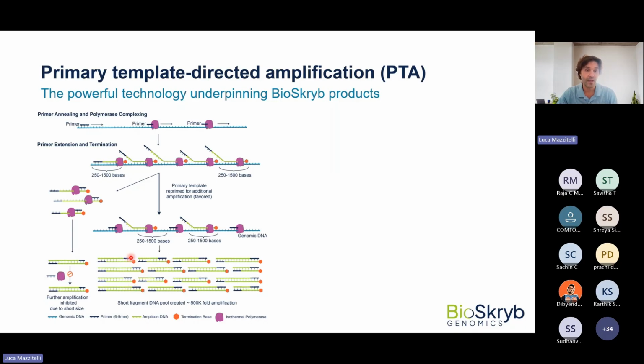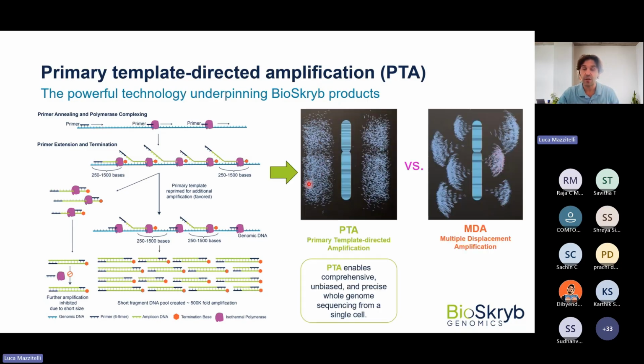So the polymerase, instead of reamplifying those short fragments, goes back to the primary template and starts another cycle of amplification, generating other amplicons. So we amplify always from the same template, the primary template, which is the genome. So this is a quasi-linear amplification in contrast to a very classic approach for whole genome amplification, which is multiple displacement amplification, MDA.